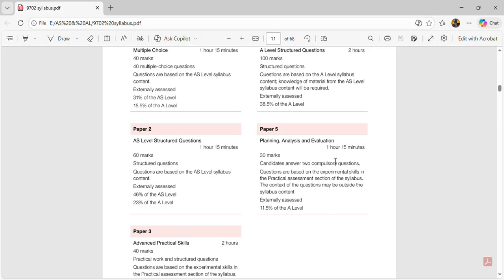So the final grade of physics is a cumulative grade, because the AS result affects the A level overall grade.